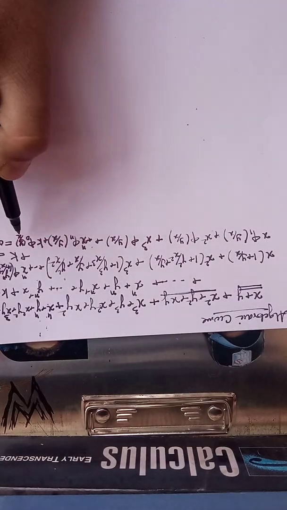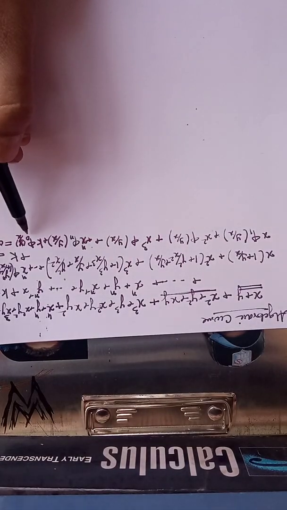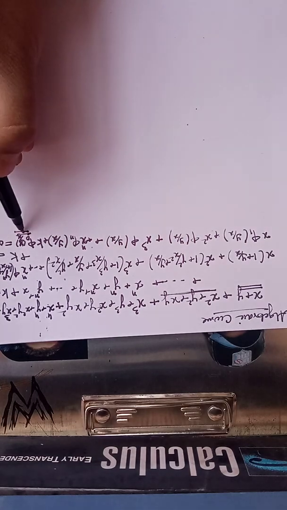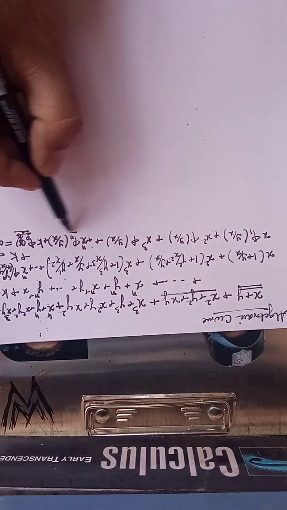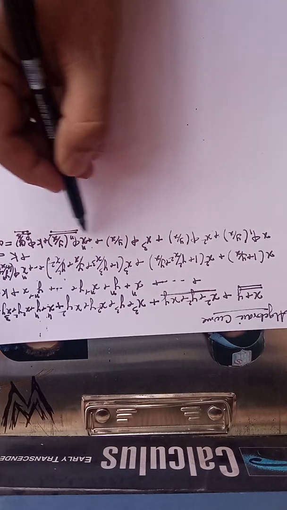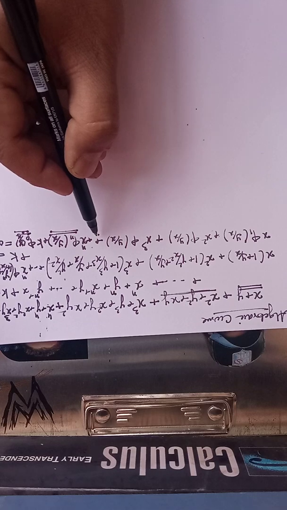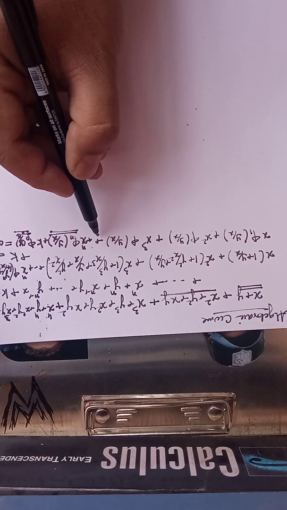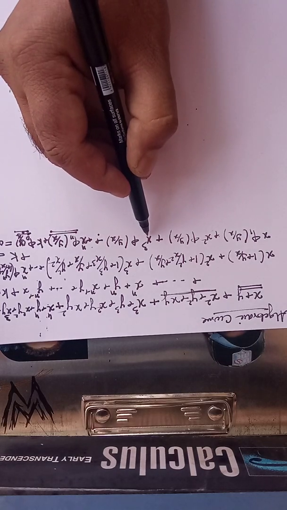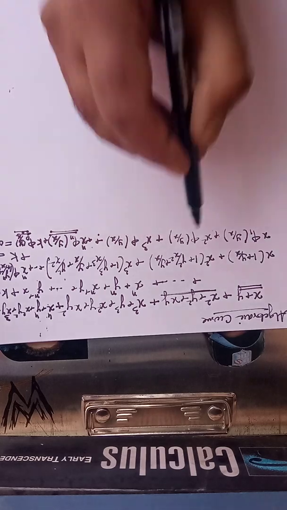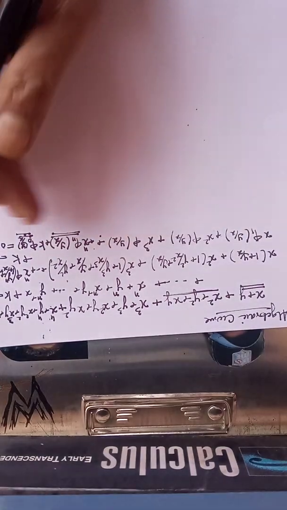This is a homogeneous equation of degree 0, homogeneous equation of degree n. There will be a homogeneous equation of degree n minus 1, and this is of degree 3, degree 2, degree 1, and so on.